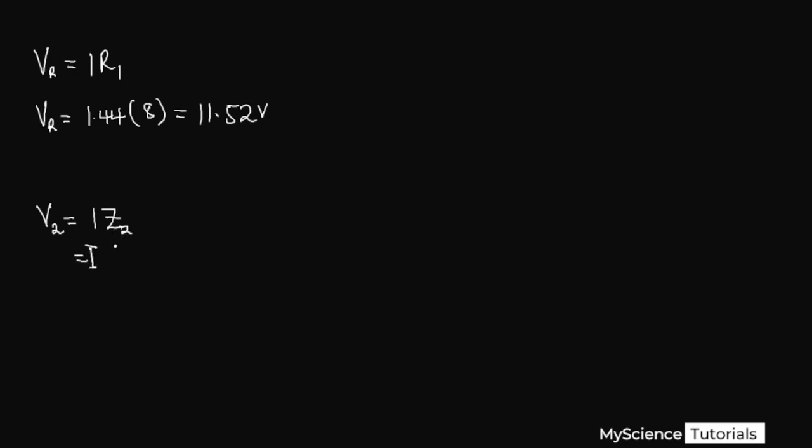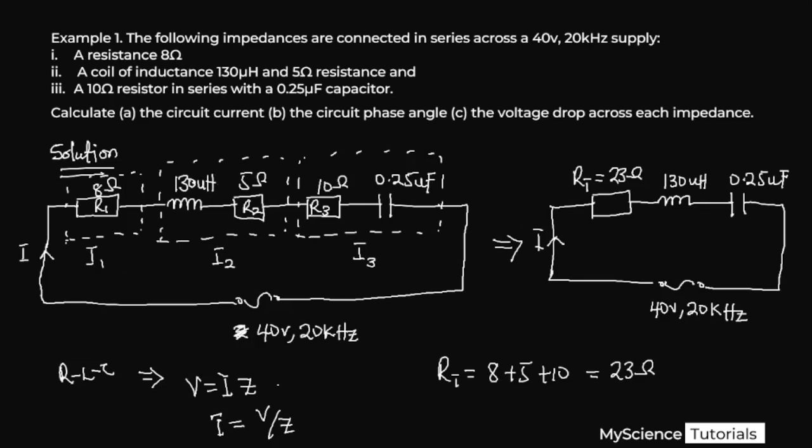Our impedance 2 here is equal to the root of the resistor squared plus XL squared, where XL is the inductive reactance. We calculated that earlier on. In this case, our inductor is 130 microfarad, and our resistance here is 5 ohms.